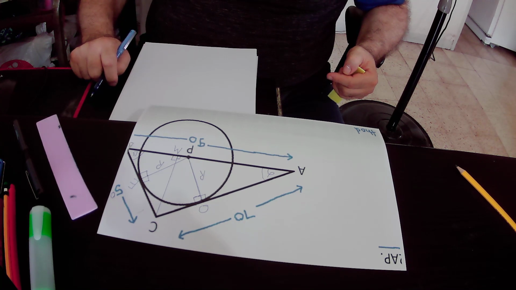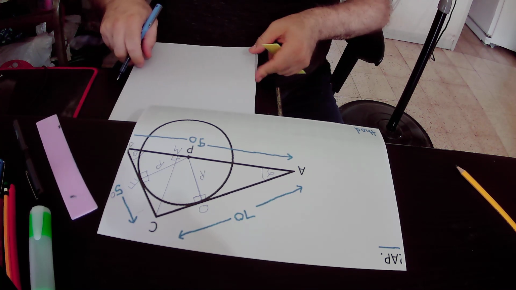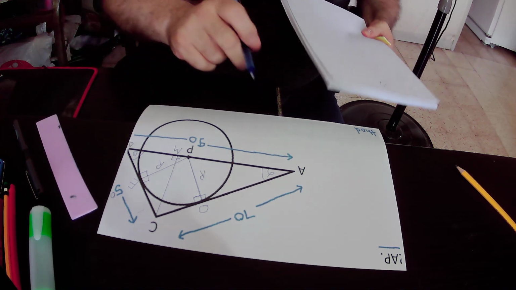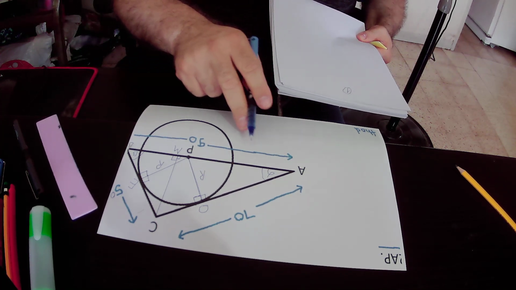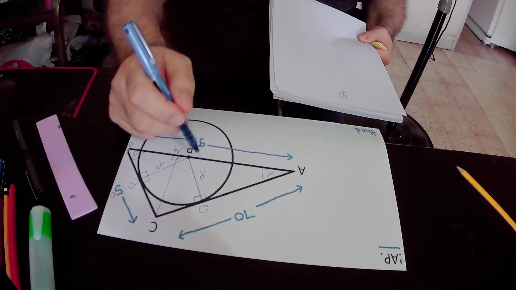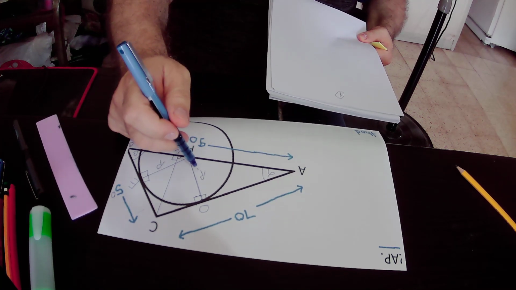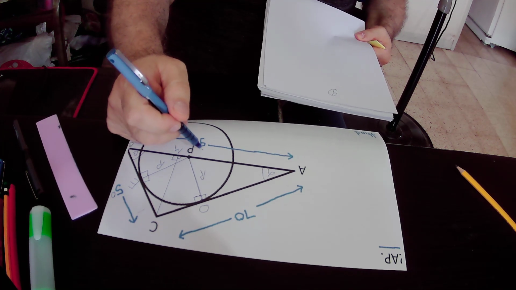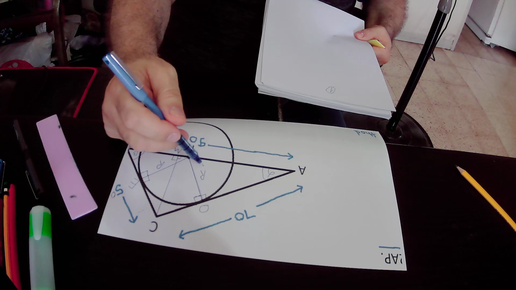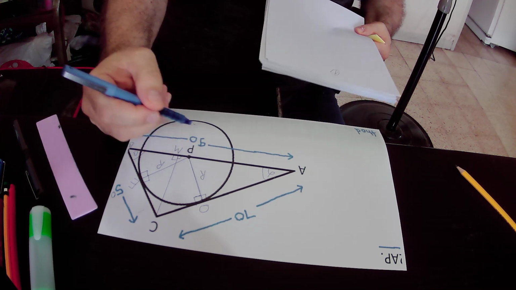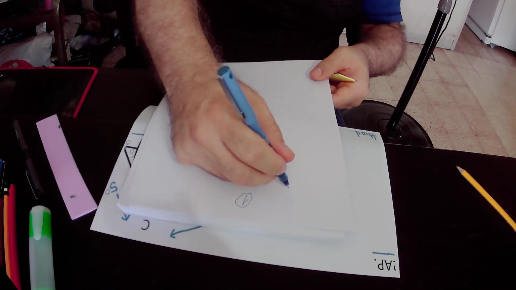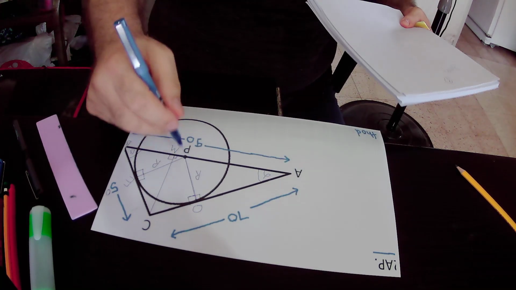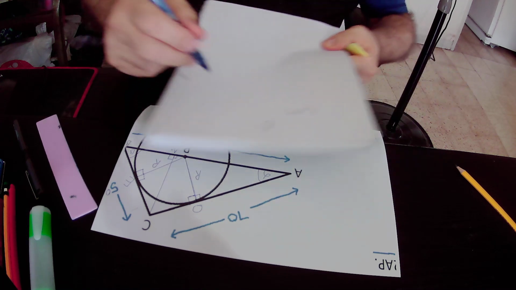And we know that sinus alpha equals R over AP, or equals OP over AP. Sinus alpha equals OP over AP.